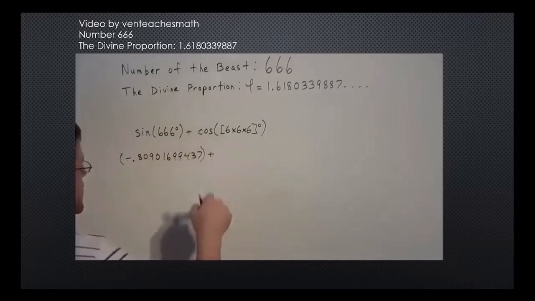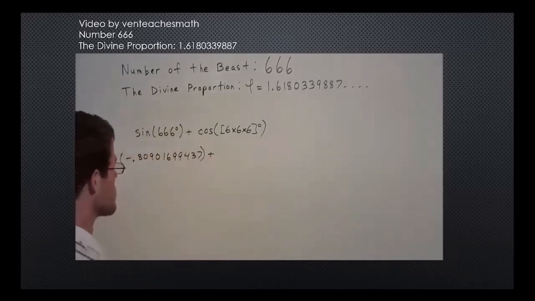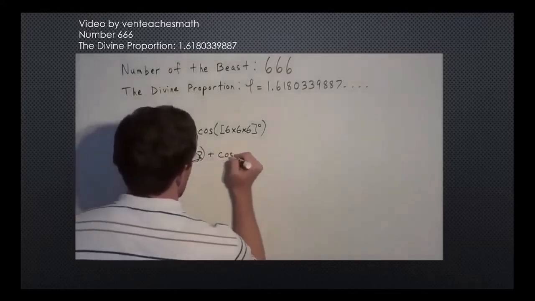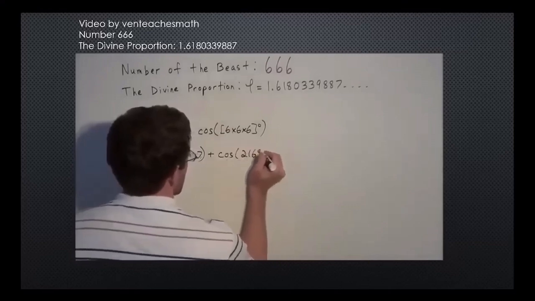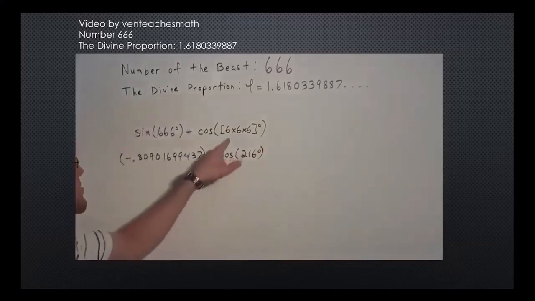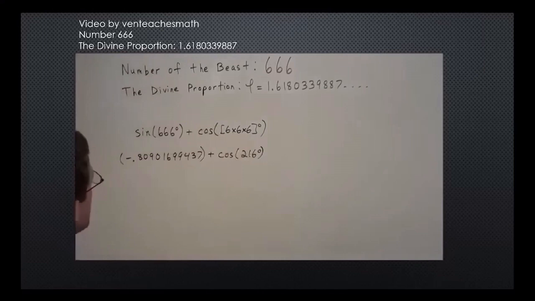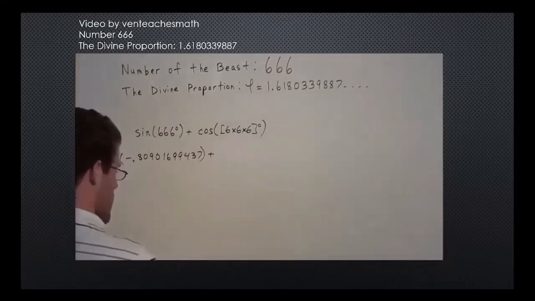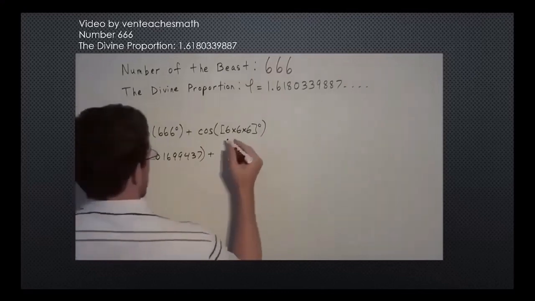And also the cosine of 6 times 6 times 6 degrees, if we simplify this, this is the cosine of 216 degrees. That's the result of multiplying 6 times 6 times 6. And when we evaluate the cosine of 216 degrees, we should get the same thing.